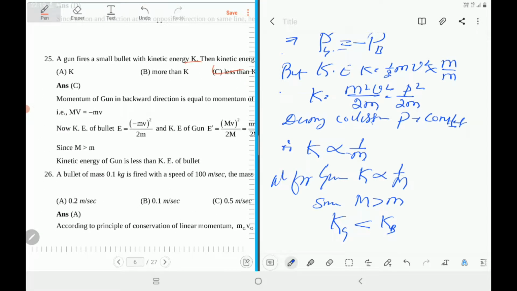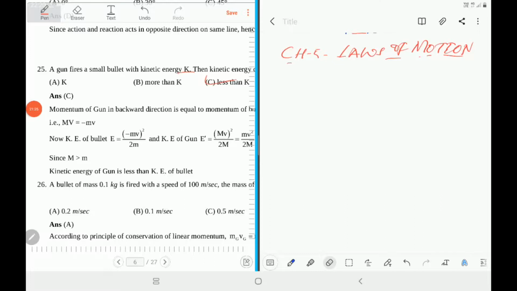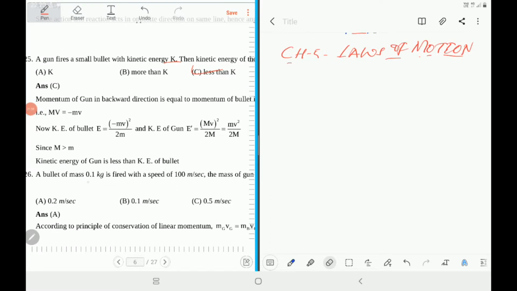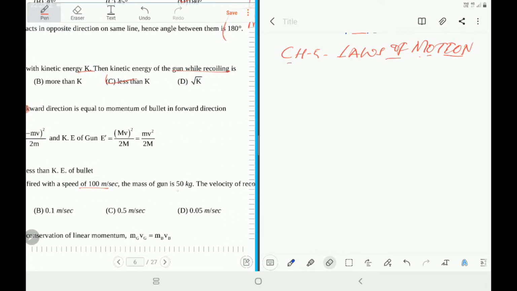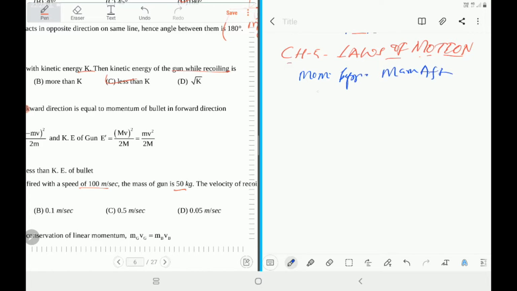Now we'll move on with the next question, students. A bullet of mass 0.1 kg is fired from a gun with a speed of 100 meter per second. The mass of the gun is 50 kg. Find the velocity of recoil. Very simple. What did we learn just before this problem? According to the law of conservation of momentum, momentum before firing equals momentum after. Before firing it is 0.